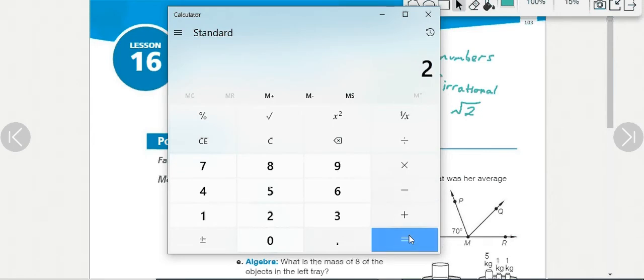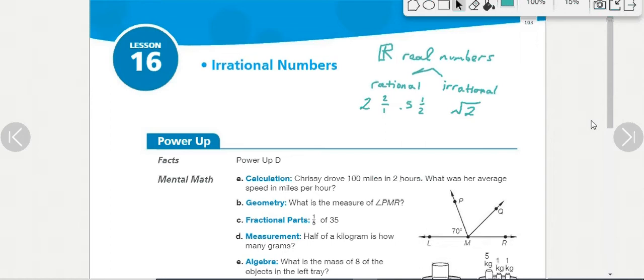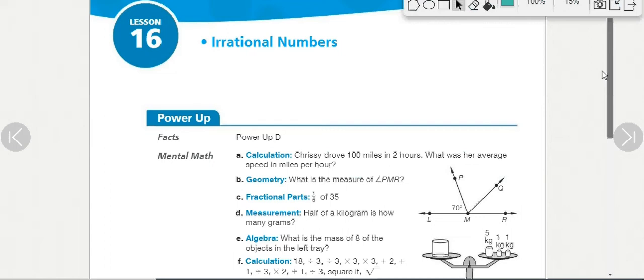Square root of 2 is ugly. There's no repeating pattern. There's just a bunch of decimals going on, and they won't end. They don't terminate. That's what makes them irrational. I can't really show them, and I certainly can't show them with a divisor like a rational number. So that's what we're talking about when we're talking about the irrationals.